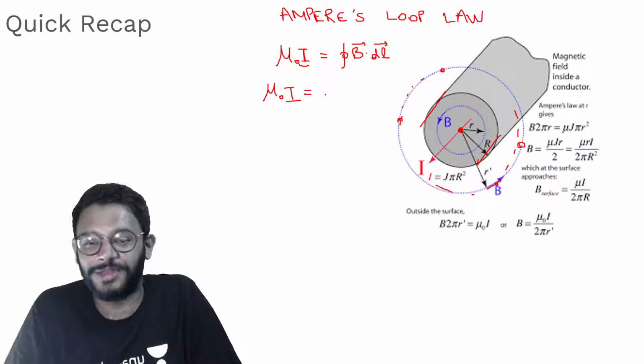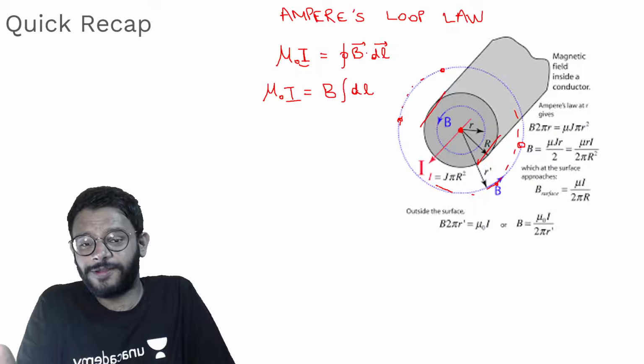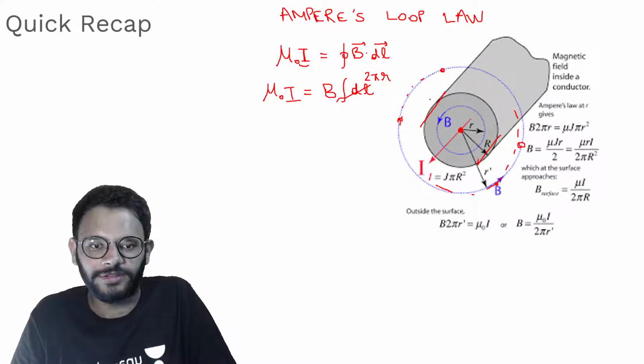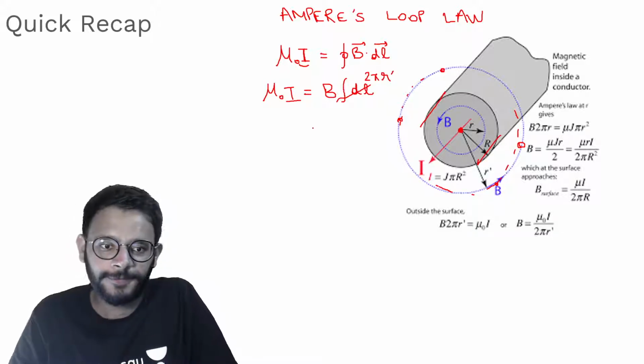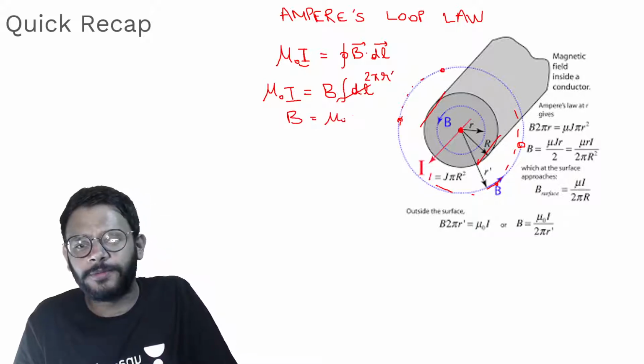And why shouldn't it be? So B times integral of dl. And we know that integral of dl is nothing but 2 pi r, where r is my distance. So over here it's r dash. So let's just take r dash. And I know that the magnetic field outside is simply mu naught I upon 2 pi r dash.